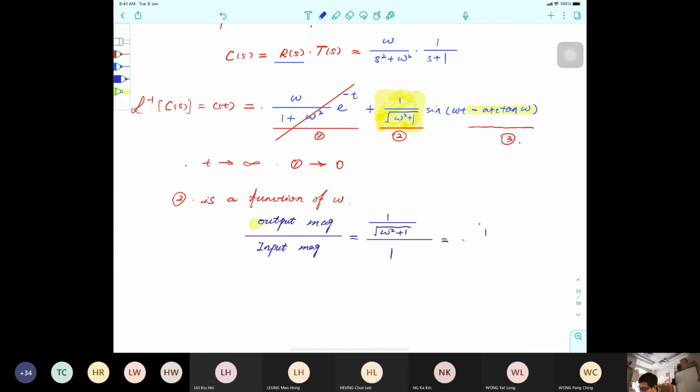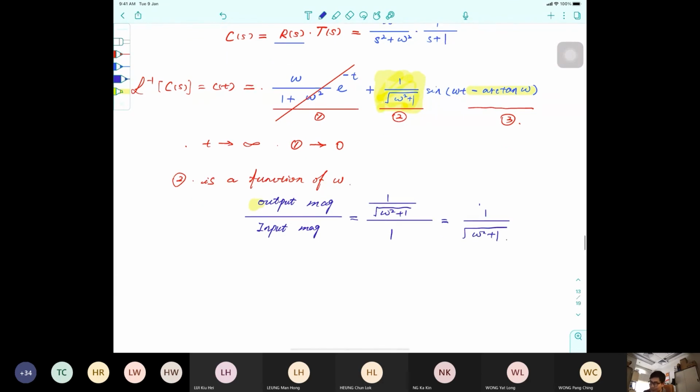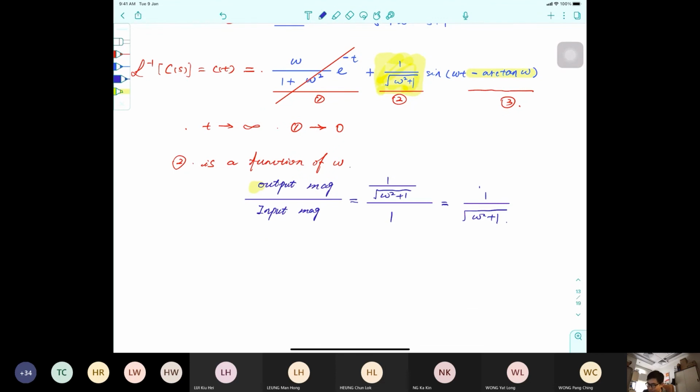This part, give it a name. It's the magnitude frequency response.